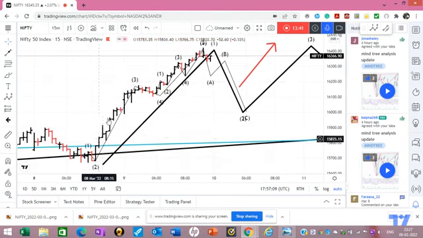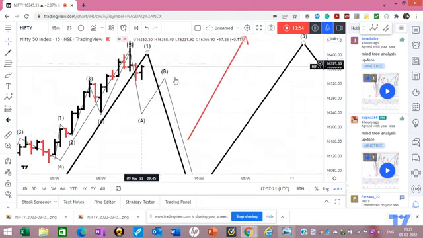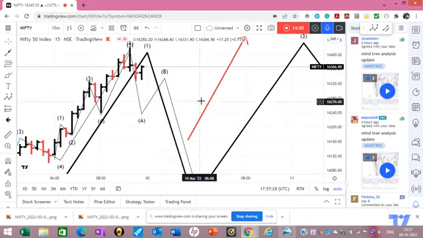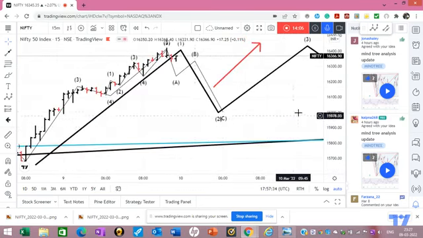Every time you have a wave, there will be a correction: 1, 2, 3, 4, 5, then A, B, C. Like that, the 5, 3, 5, 3 combination goes on. So let us see what happens tomorrow. I am expecting a small decline, and then the trend will reverse. Let's see what happens tomorrow. Thank you. Take care.